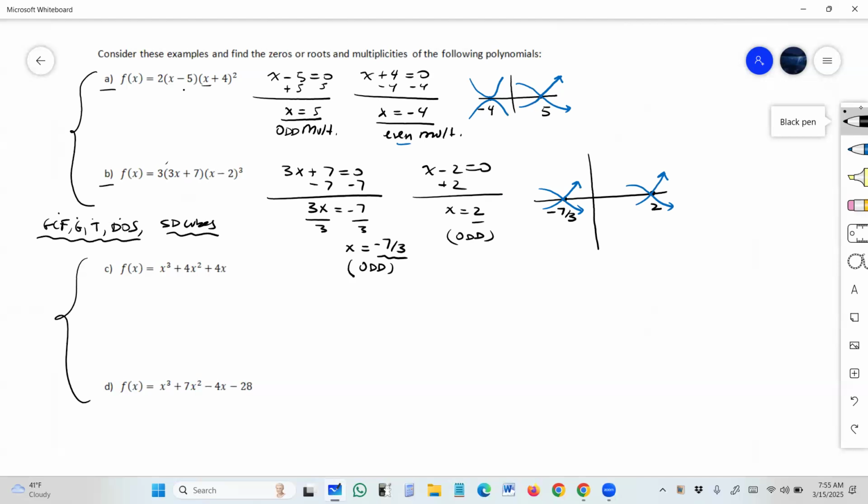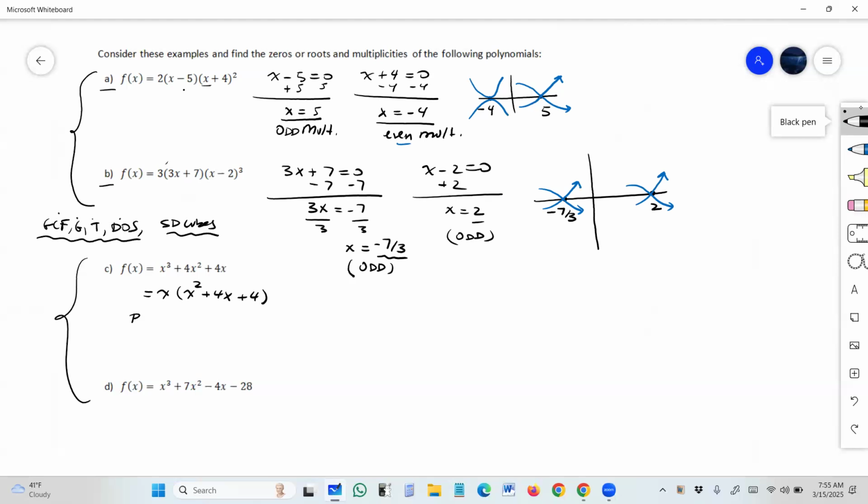So we take a look at this polynomial, x cubed plus 4x squared plus 4x, and I can see that I can factor a GCF of x first. So I have x times x squared plus 4x plus 4. And then I have a trinomial that I have to factor. You may remember how to factor a trinomial.